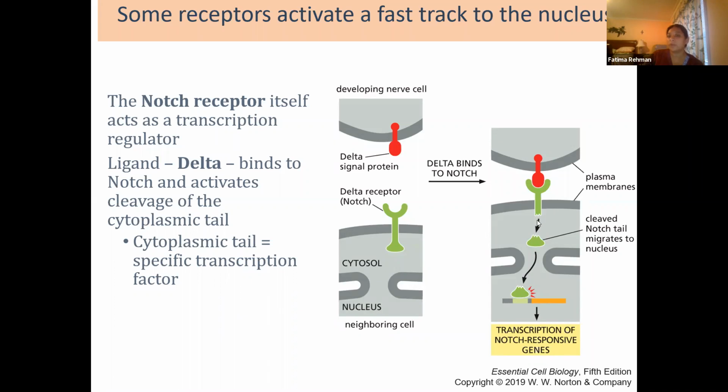When they are bound, a portion of the Notch protein gets cleaved. So part of that receptor just gets chopped off. And that cleaved receptor itself is a transcriptional regulator.